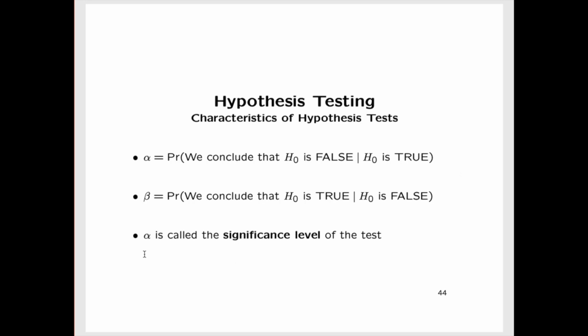Now, alpha has another name. It's called the significance level of the test, the alpha level of the test. And you'll remember that as the researcher, as the decision maker, you are the one who chooses the alpha level or the significance level that you want to use for the test. The significance level is really a measure of evidence that you're specifying to use in your decision-making process regarding the hypotheses.